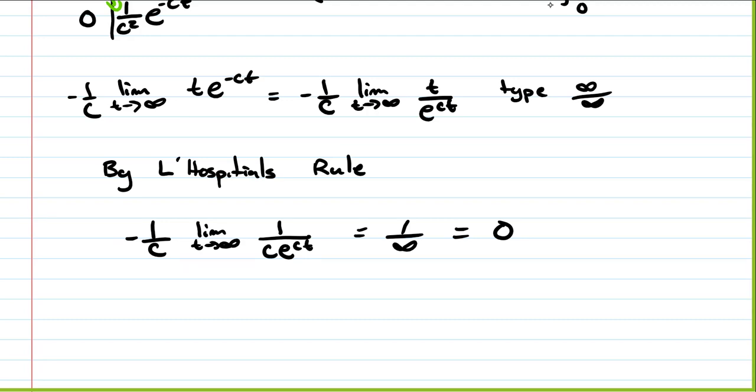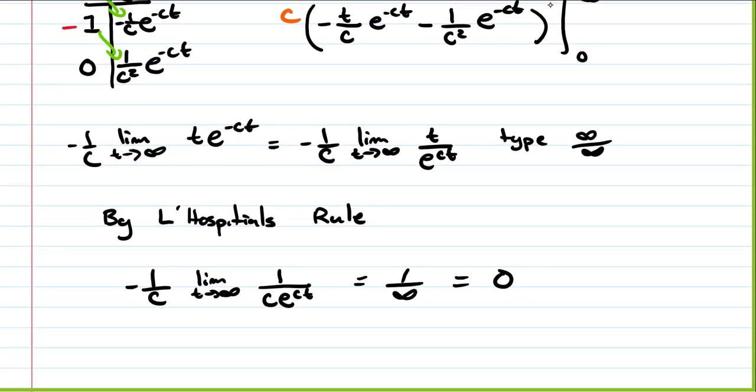So I mentioned that exponentials always beat polynomials, and this is why. Even if I had t to the 100th power, what would I do? L'Hopital's rule 100 times, and I'd have some giant number, which would eventually be a constant, divided by an exponential. Because what's the derivative of e to the ct always going to be? E to the ct times a constant.